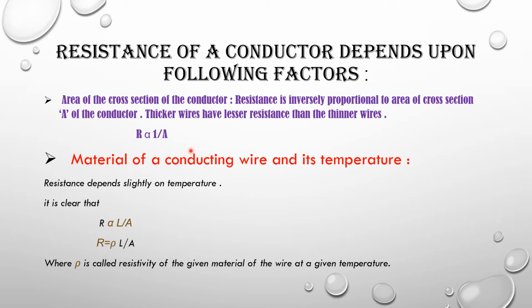Why is it so? The larger the cross-sectional area of the conductor of a given material of fixed length, the lower the resistance. What's the reason for this? There are now more electrons free to move in a conductor. A thicker wire has more free electrons, which could move in the whole conductor.